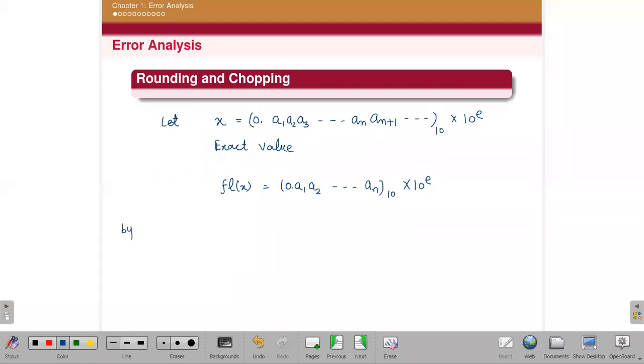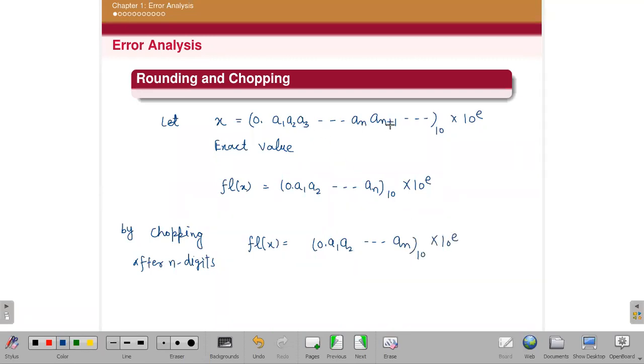First of all, I am taking chopping here. From the name you can say that it simply chops the digits after n digits. So by chopping after n digits, FL of x is 0.a1 a2 up to an to the base 10 into 10 raised to power e.